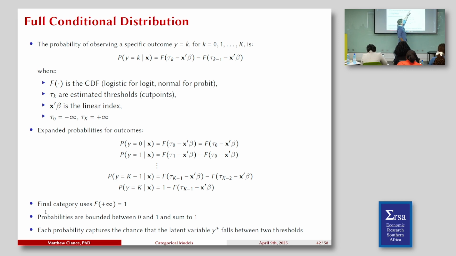The other cut point would be tau of 0 minus x prime beta. Once we have this, these are the CDF functions. And because these taus are estimated thresholds, or cut points, and the x prime betas are the linear index, we can formulate our expanded probability outcomes.